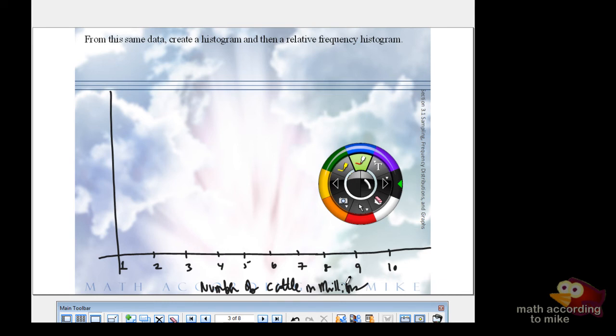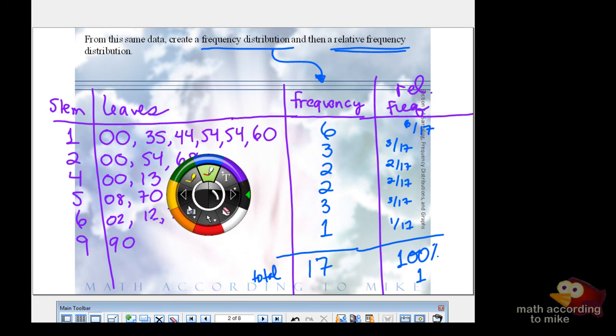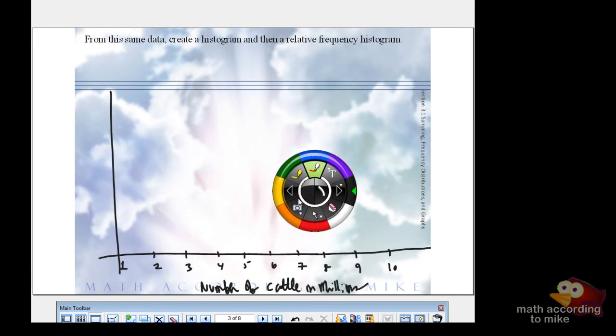Good. The y-axis, going back to the data, notice our largest frequency is 6. So I'm going to count up to 6. What does the y-axis represent?